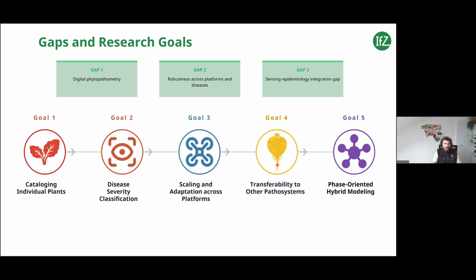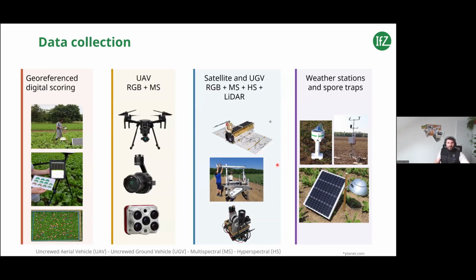Now we are moving forward from the individual plant to the hybrid modeling. I want to show a summary of the data collection. We have an integrated measurement system that links digital ground truth with multi-platform sensing and environmental drivers.